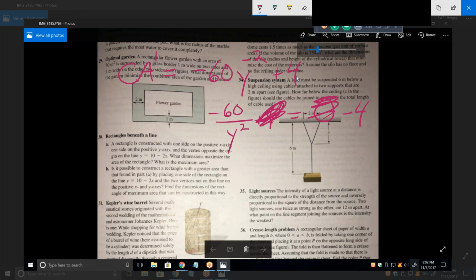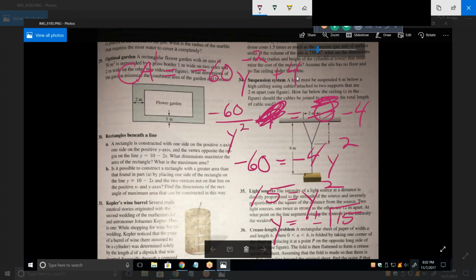Next thing, I'm going to multiply both sides by y squared. And then divide the sides by negative 4. So I get y squared equals 15, which means y is equal to plus or minus the square root of 15.